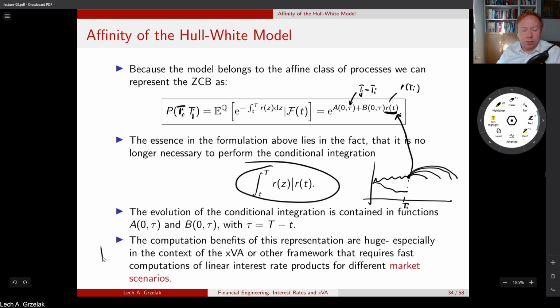So if we want to efficiently perform XVA simulation for many paths and large portfolios, this is the way to go. We really rely these days on efficient computation of zero coupon bonds, and if the zero coupon bonds can be expressed in this way, this is extremely beneficial.